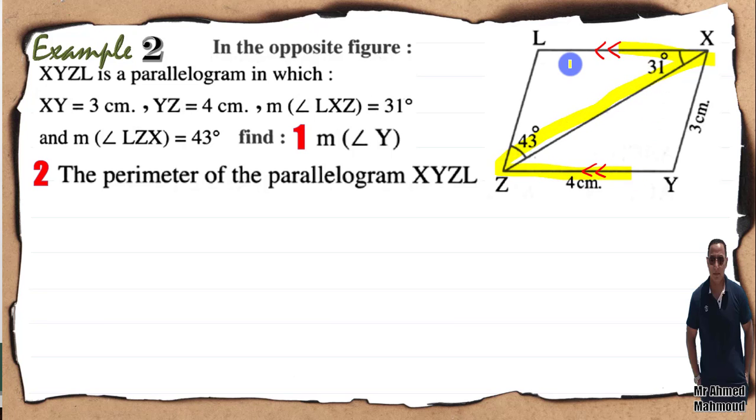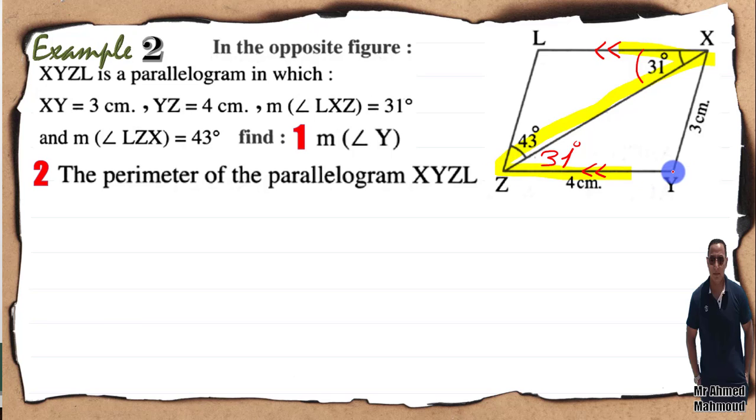From this parallel I have alternate angles like this. So angle X equals angle XZY equals 31 degrees. And also I can find the angle Y because angle Y plus Z equals 180.